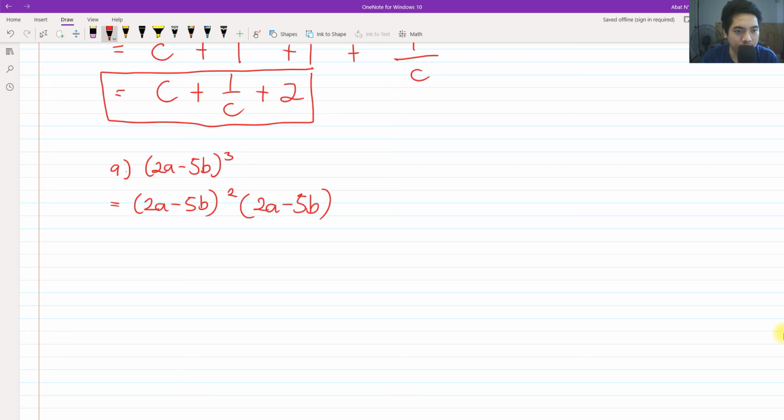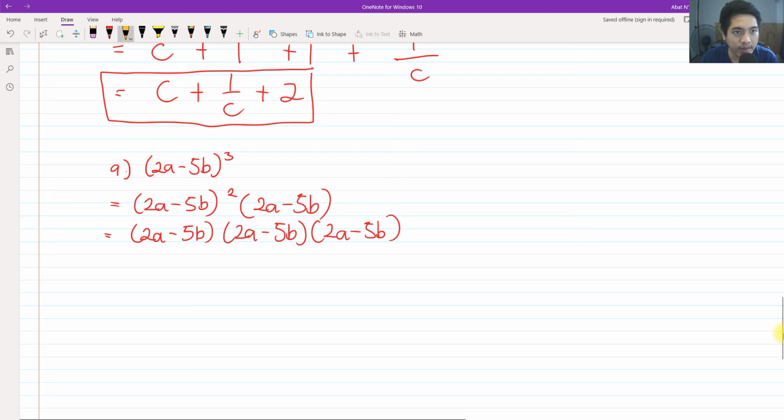So furthermore, we can rewrite this as 2a minus 5b multiplied by itself 3 times. That's what the cube means. So first, we can multiply this first, and then the product of this, we're going to multiply with this.